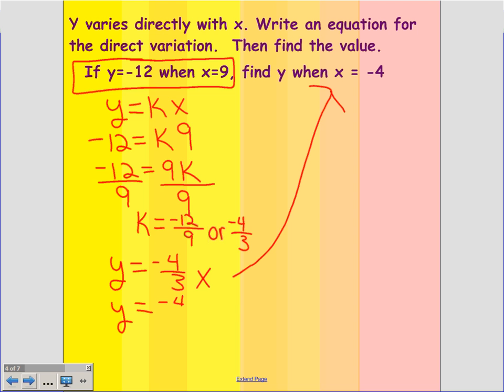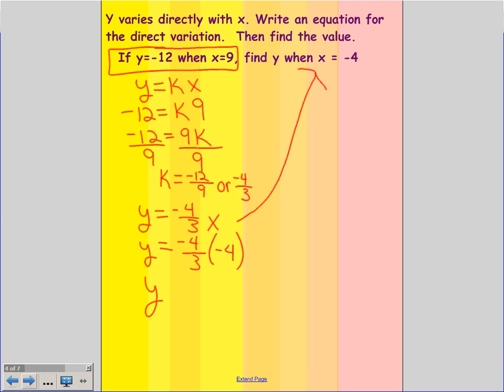I'm going to use negative 4 thirds, and then x, in this case, is negative 4. So y is equal to 16 thirds, also known as 5 1/3. You can leave it as an improper fraction. That is totally okay.